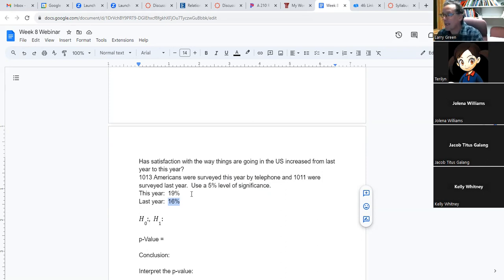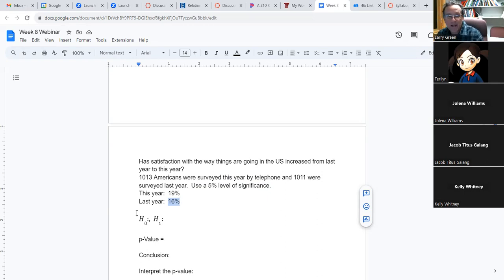We'll find out, or maybe we can't, because 19% is not that much more than 16%. Is it enough more? Does that make sense? So we cannot answer the question for all Americans, but we can determine whether you have statistically significant evidence.